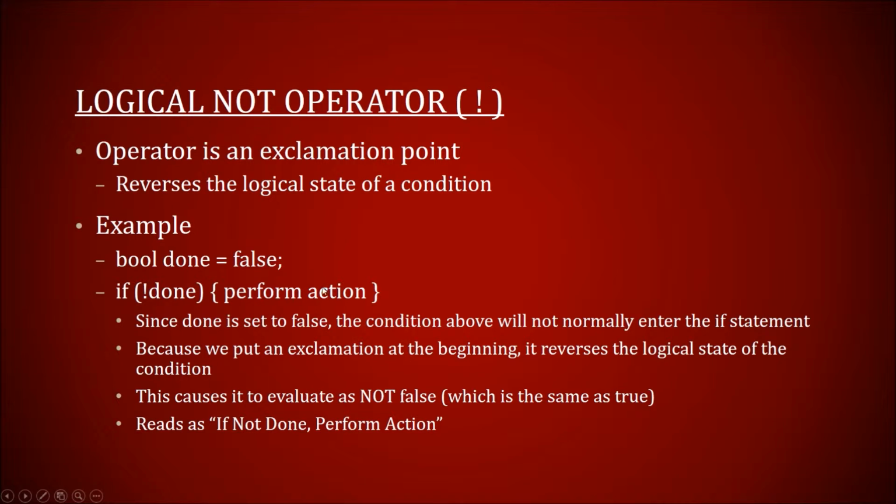We can perform some action. So done would have false here, so it'd say if not false pretty much, which would reverse the logic of false, make it true, and it'd enter this condition, which is explained with this text. So if you're not quite getting it, go ahead and read through this, and then if you still aren't getting it, you can drop a comment and I'll try and explain it a bit better.